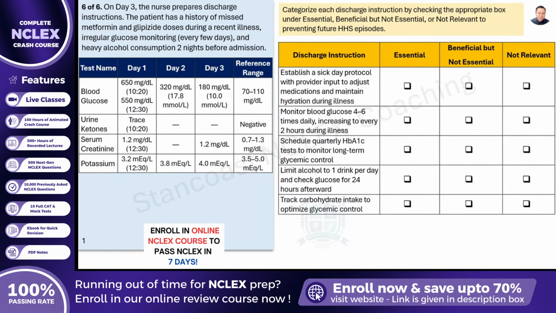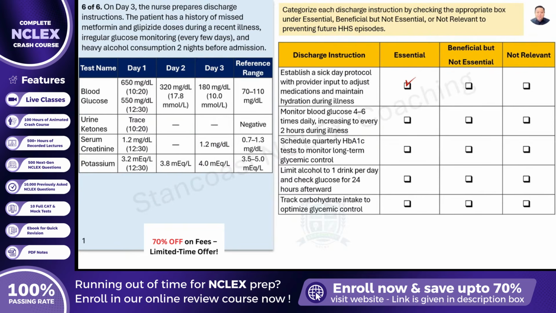Now, looking into the first discharge instruction, the answer for this one is essential, because the patient's HHS was triggered during a time of illness. He was sick with an upper respiratory infection, and he also missed doses of the metformin and glipizide, which are both crucial for controlling blood sugar.